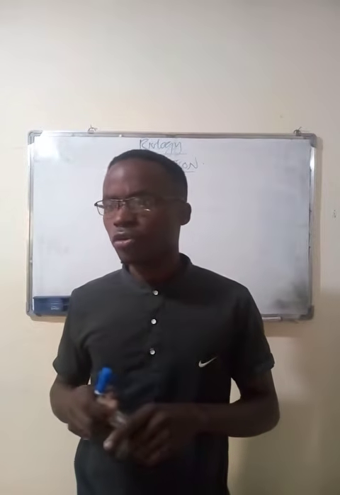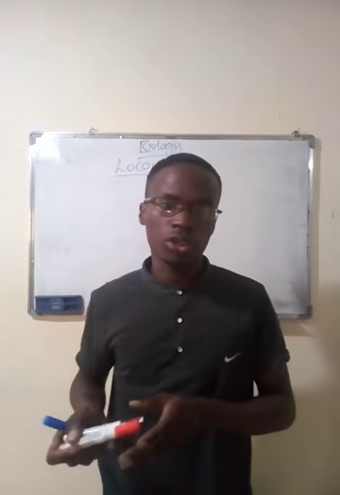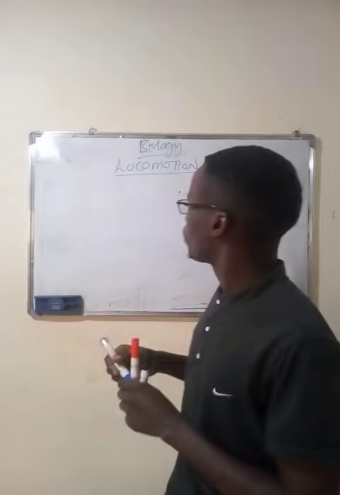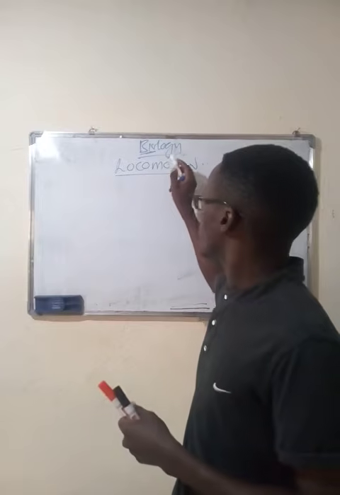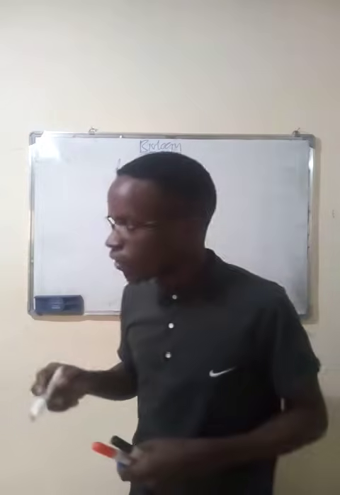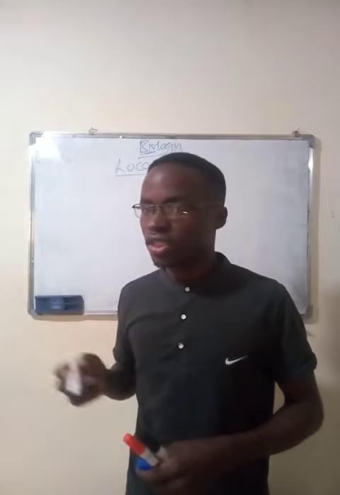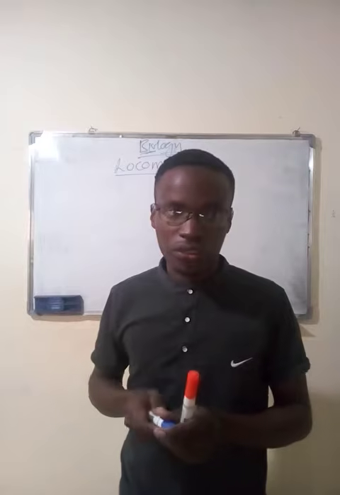If you remember in your grade 10, when you just started looking at biology, you defined that the word biology is made up of two words, bio and logy, where bio means life and logy means study. So you said that biology is the study of living organisms and their characteristics, isn't it?